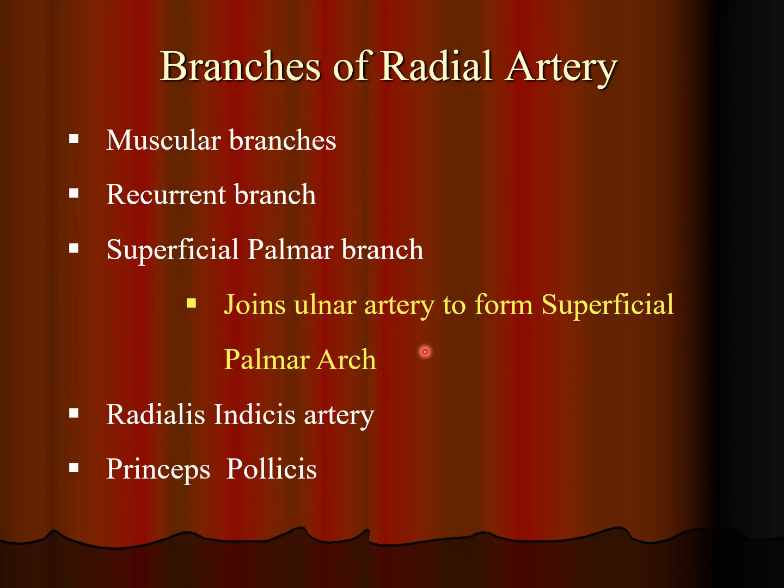In the later presentation slides, we will discuss the superficial and deep palmar arches, and it gives two other branches, radialis indicis and princeps pollicis. Radialis indicis, as the name indicates, is on the radial side for the index finger, and princeps pollicis is the major artery going toward the thumb. So these all are the branches of the radial artery.